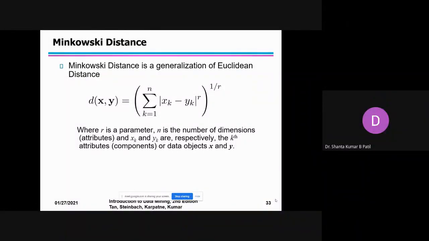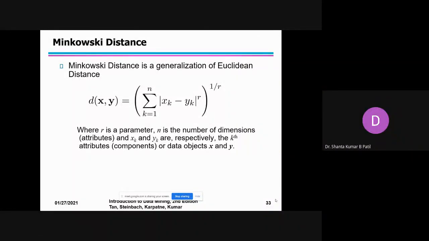These mathematical equations are used to find out the similarity or dissimilarity between the points, whereas data mining tasks are used to differentiate or find the similarity between the data. This is the difference between the mathematical equation and the task of data mining.